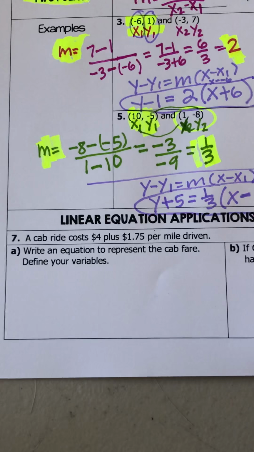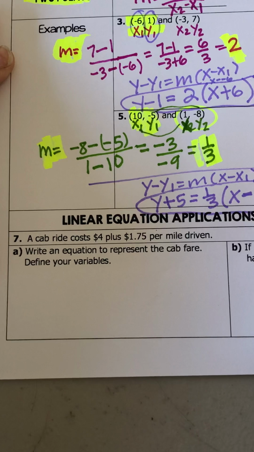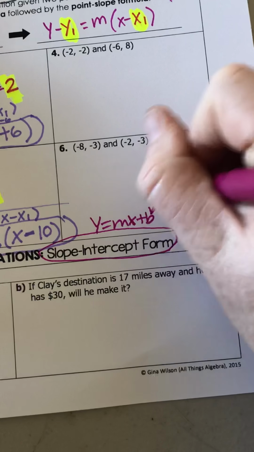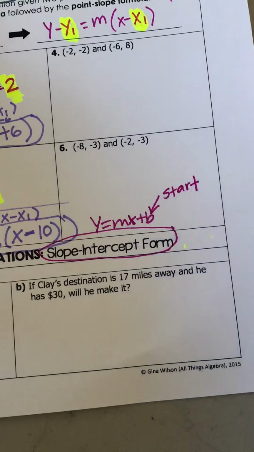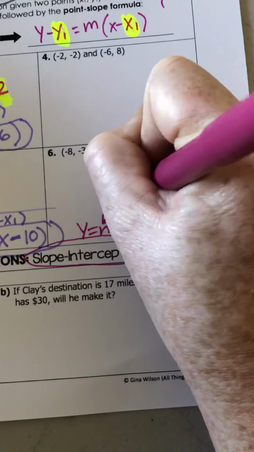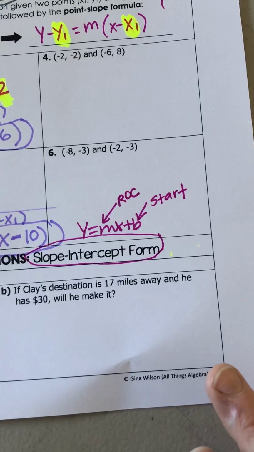A cab ride costs $4 plus $1.75 per mile driven. Okay? Slope-intercept form is y equals mx plus b. So I need to have some kind of starting value, and then I need to have a rate of change. And that could be miles per hour, dollars per minute, and so on.